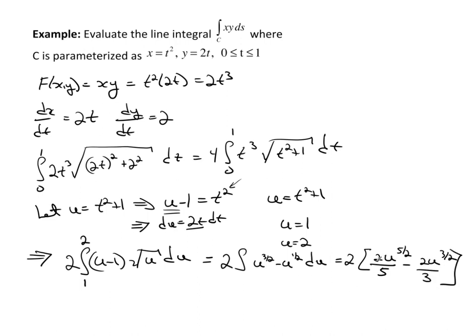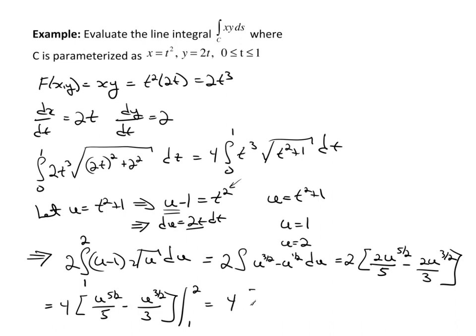I think I'm going to factor out these 2's and get a 4 out here. So this is going to be 4 times the integral u to the 5/2 over 5 minus u to the 3/2 over 3. And this I'm going to evaluate from 1 to 2.